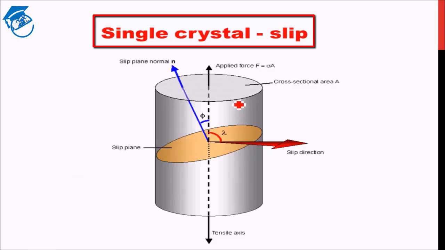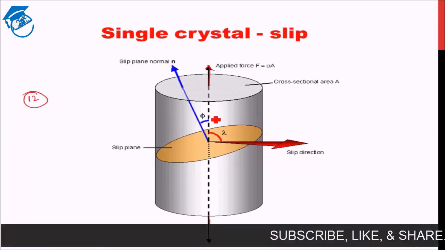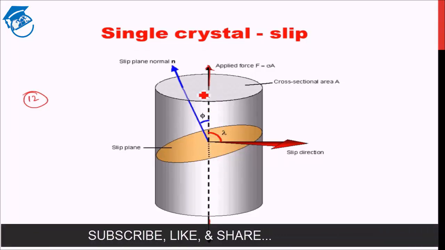Now, if this were an FCC crystal, then there would be an effective 12 slip systems, right? And if a force is applied like this, it's not necessary that one of the slip systems falls along this direction.